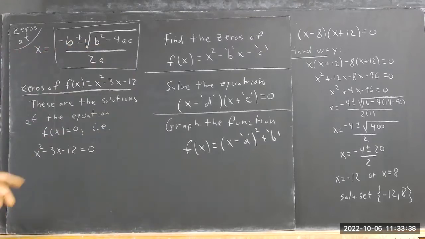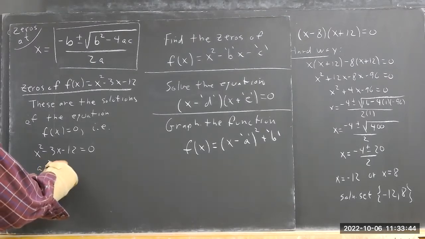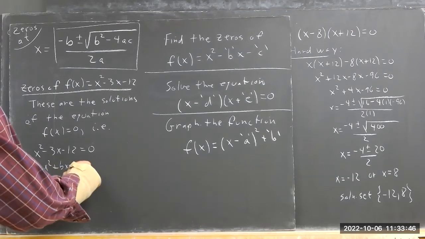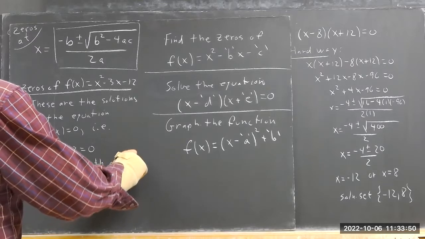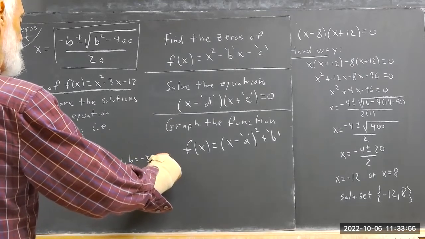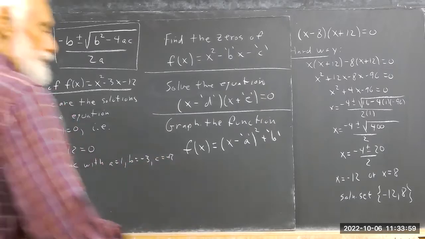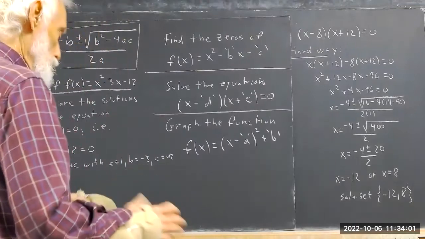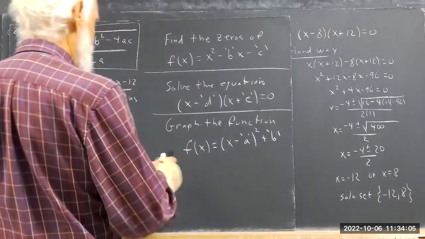So you would do this, and you immediately recognize this is ax squared plus bx plus c. A, B, and C have these obvious values. You write the 1 before you write the 2. And then you get 12.